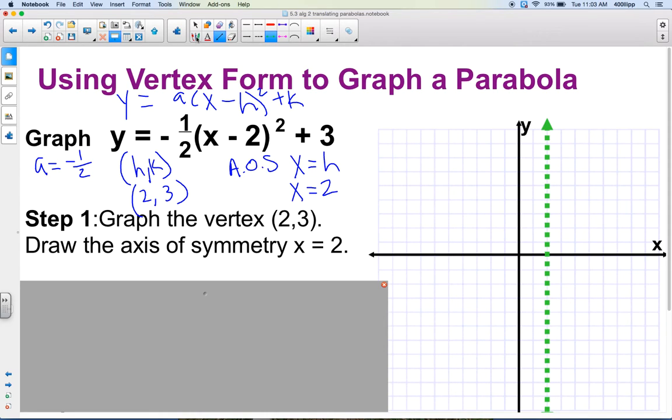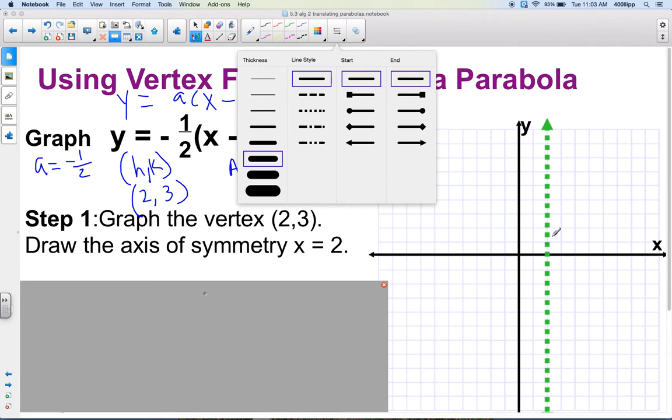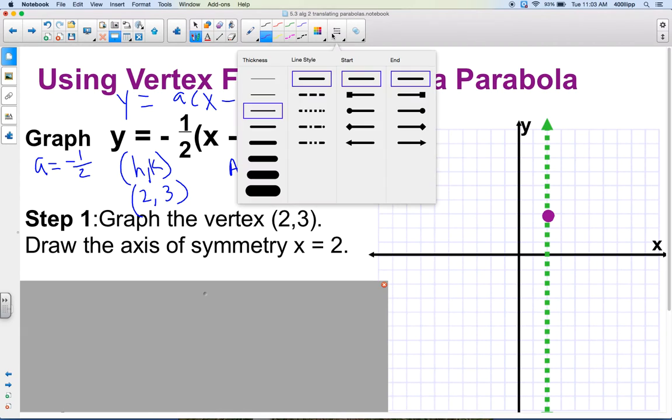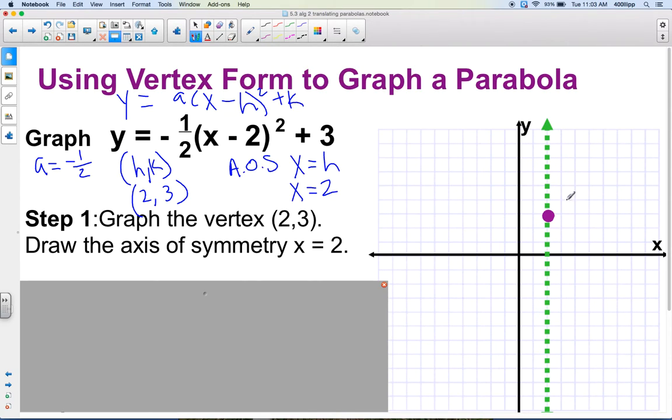We'll make our vertex a little thicker so that we can actually see it. And (2, 3), right here. There we go. Now we can see it. So there's (2, 3), and we can also write that in there.